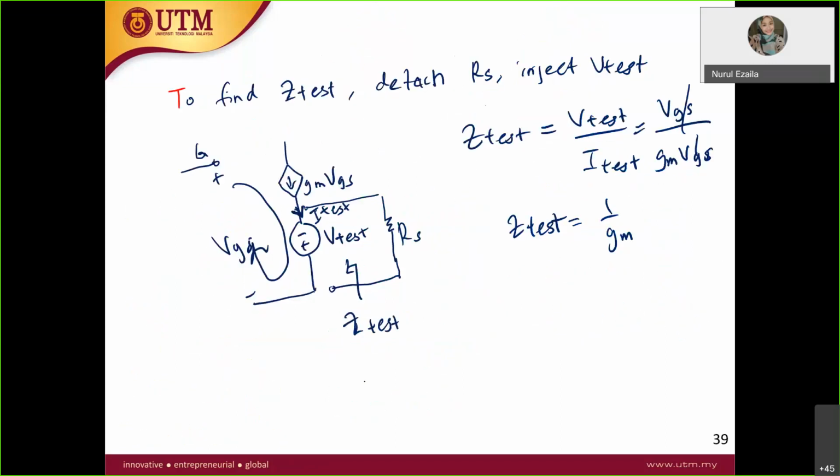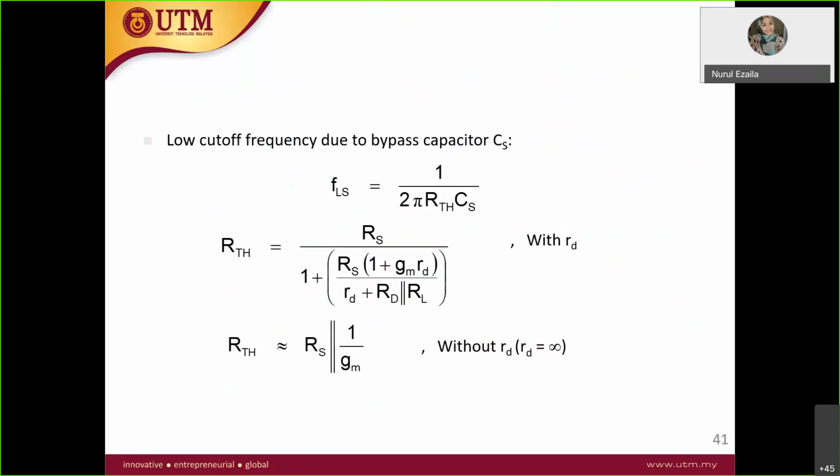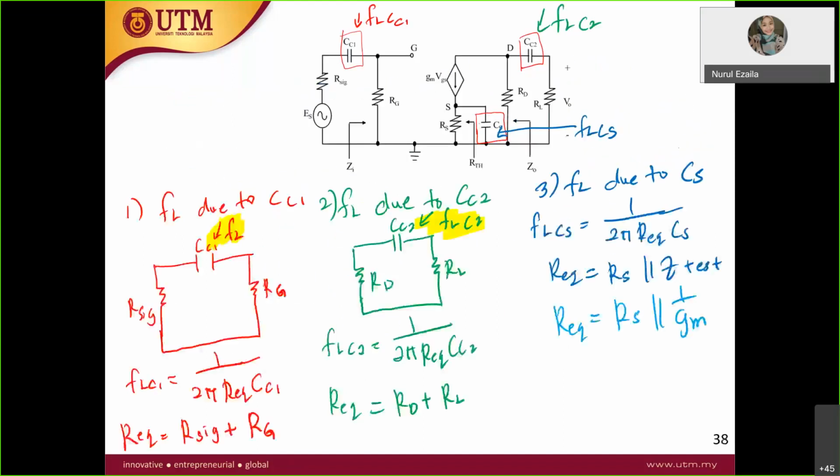So let's take a look at the common source. There is no derivation over here, but you just take the derivation I have shown you earlier. All right, for the high frequency, let's go back over here.